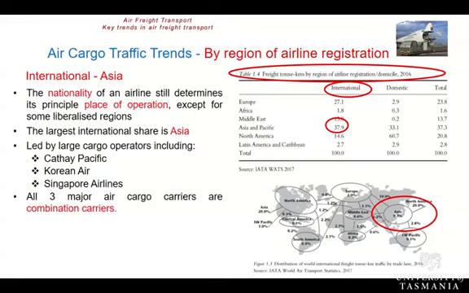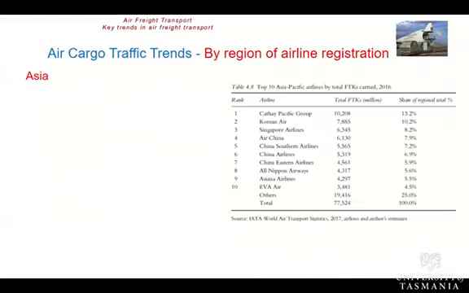One of the characteristics of this particular region is that they're all combination carriers. And we have spoken about combination carriers, and what we know about combination carriers is they have got a significant fleet of passenger aircraft, but they also have a fleet of freighters.